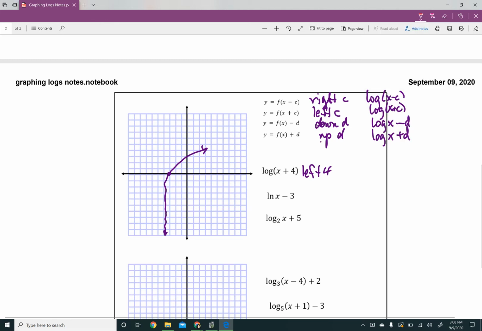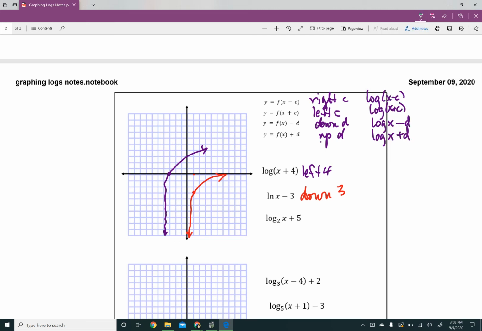So what does this one do? Well, this one's outside of the x because there's no parentheses. So this one would be down 3. So if this was our original point, we would now move down 3. And we would go up against the asymptote. And here would be our graph.